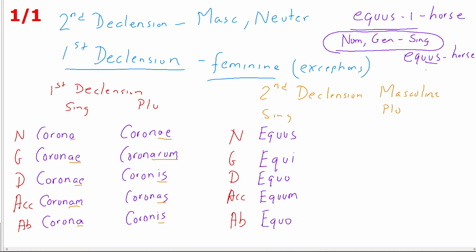Plural, you would have equi, genitive plural equorum, then you have dative plural equis, accusative plural equos, and ablative plural equis.